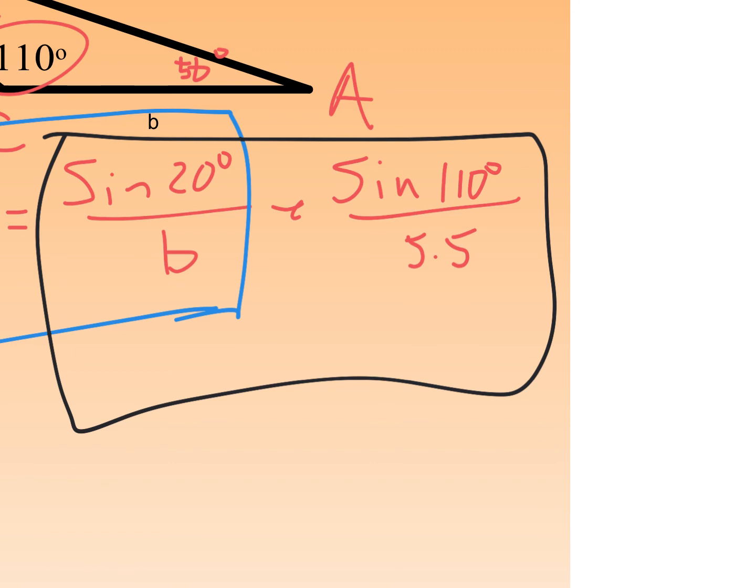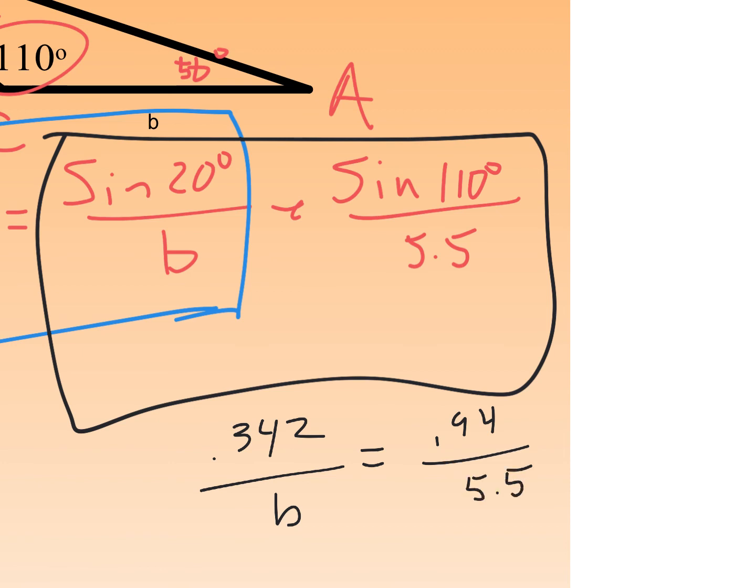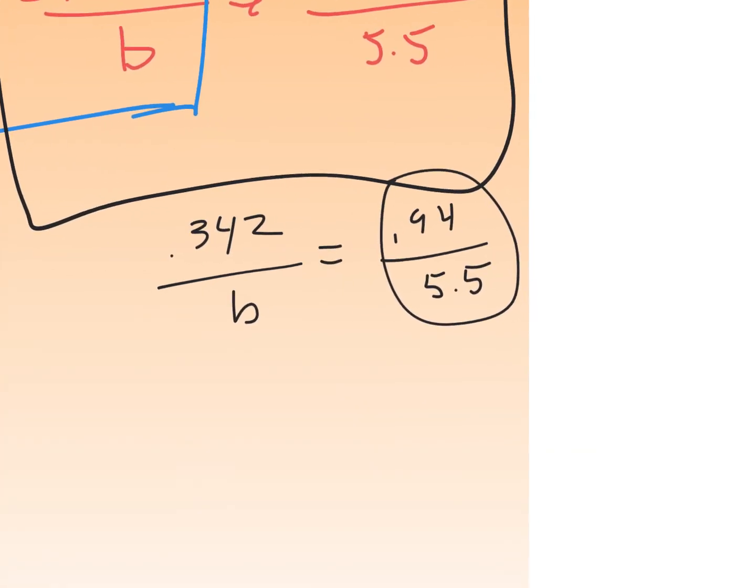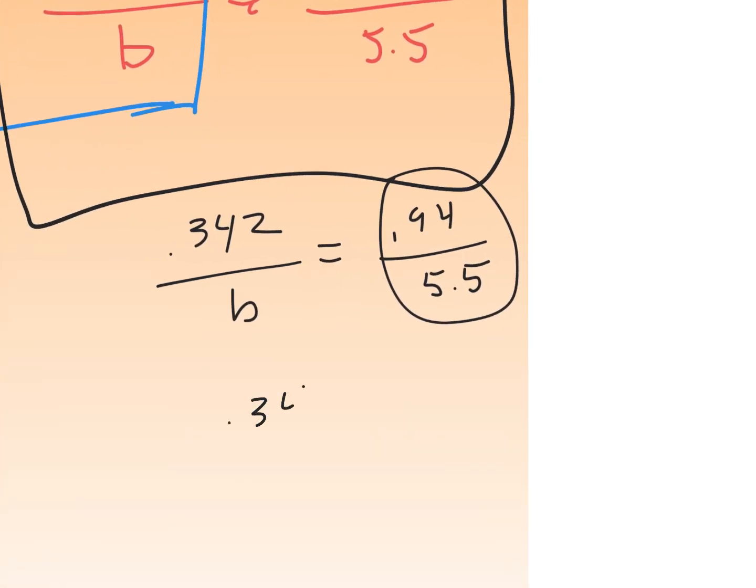Tyler, what'd you get for sine 20? 0.342. 0.342 over B equals, what was sine of 110? 0.94. 0.94 over 5.5. Since you've got the 0.94 in your calculator, would you divide that by 5.5 and tell me what you get here? 0.17. Okay, and then that's all over B. And then I'm going to multiply both sides by B to clear the fraction.